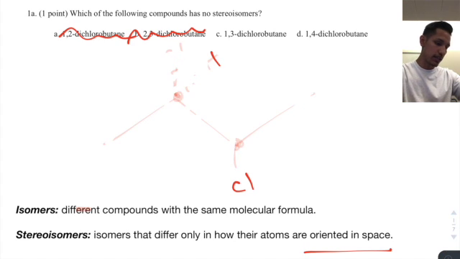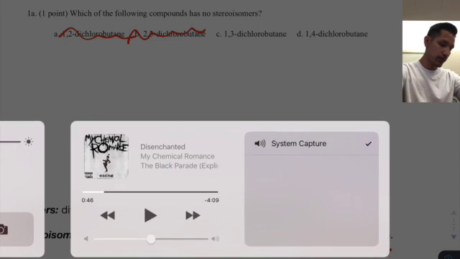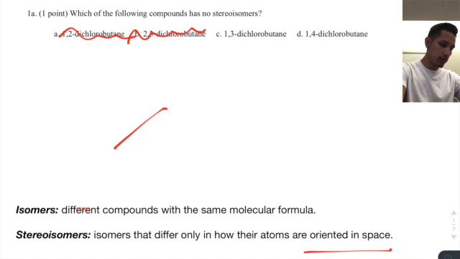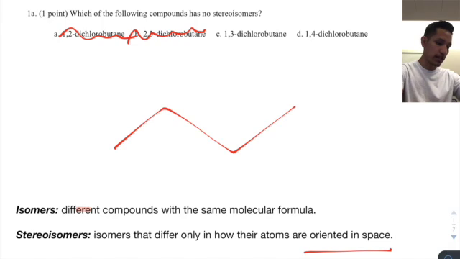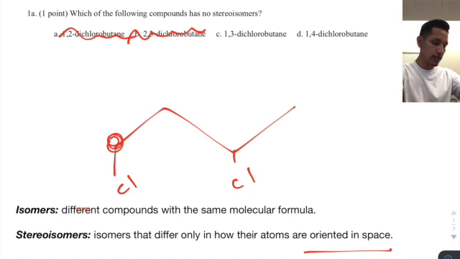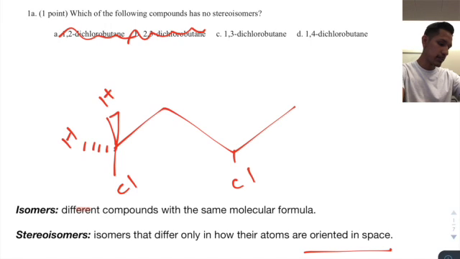So now let's take a look at option C, 1,3-dichlorobutane. Here we don't have stereoisomerism at this position, because that is not a chirocarbon. You can convince yourself of that because you could put a hydrogen going out, and another hydrogen going away.